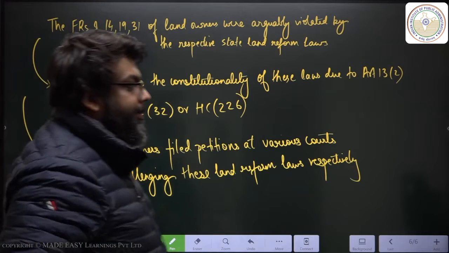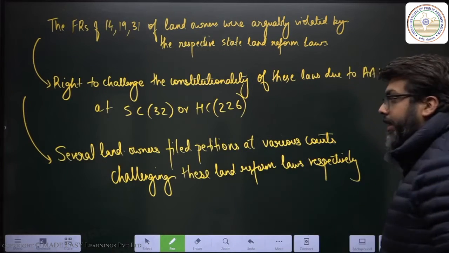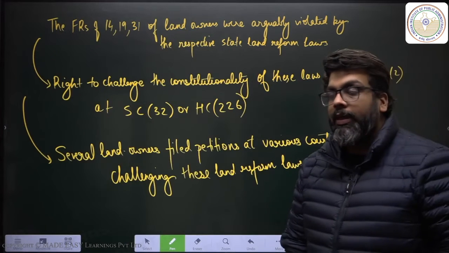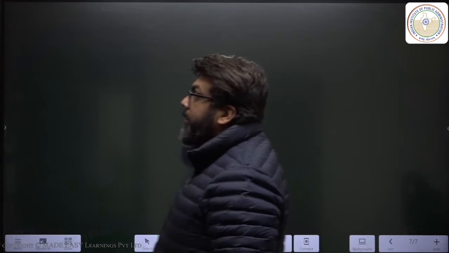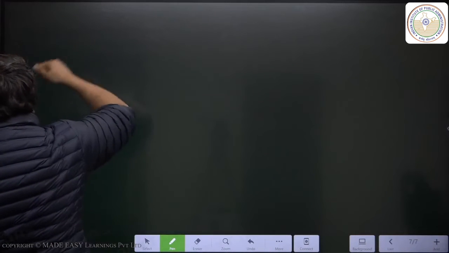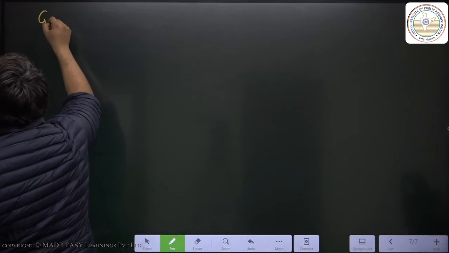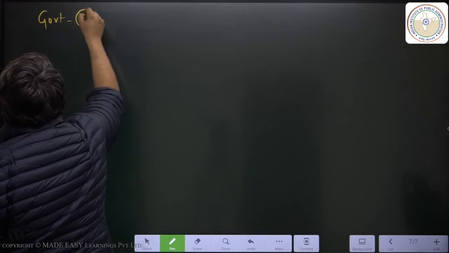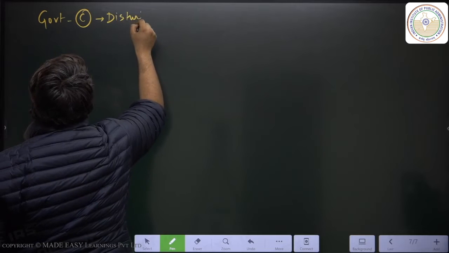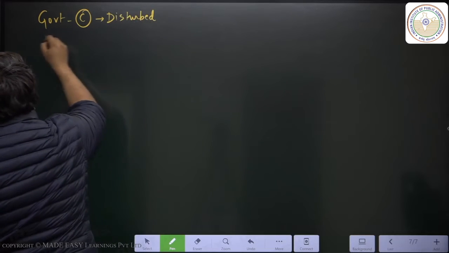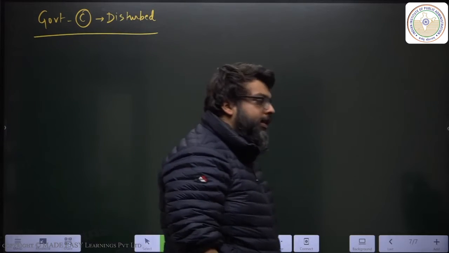All right. Now the first move has been made. The political leadership at the center, the government at the center, is visibly disturbed. They want to reform the country. They are heavily influenced by socialism.